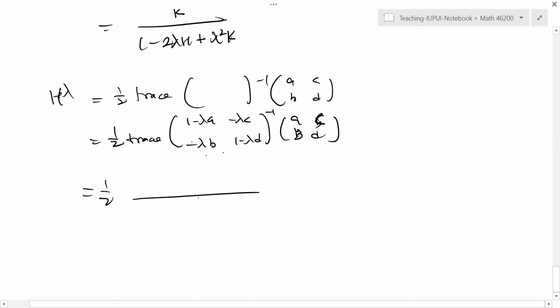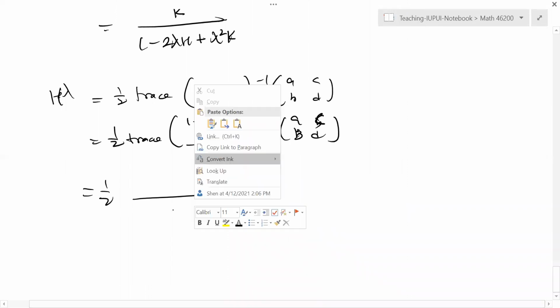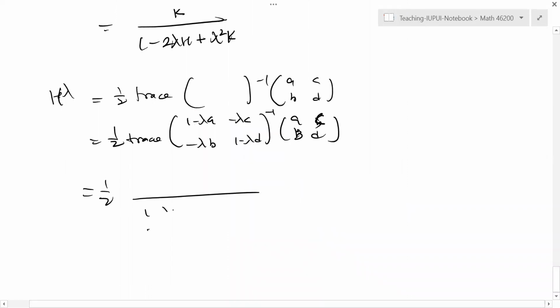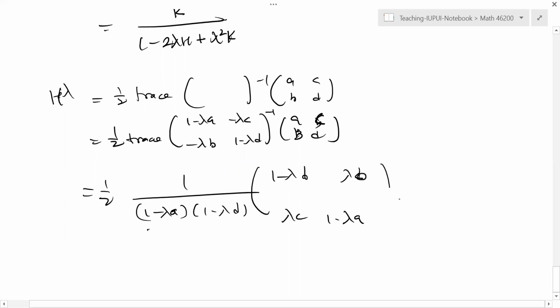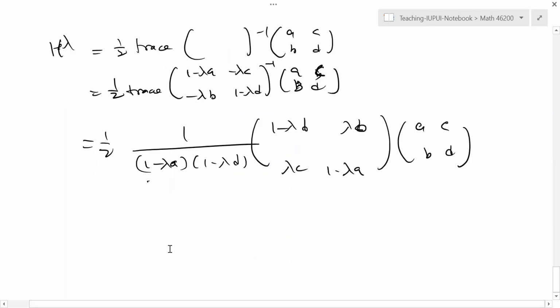Inverse, the first one is going to be the determinant. Then the matrix 1 minus lambda D, and 1 minus lambda A, and here lambda B and lambda C, the opposite.